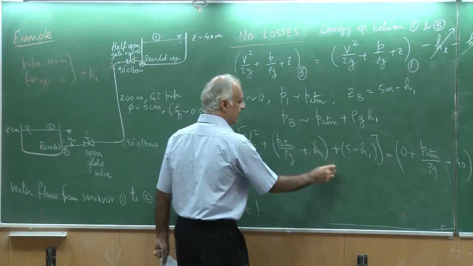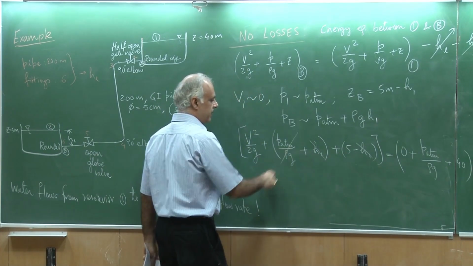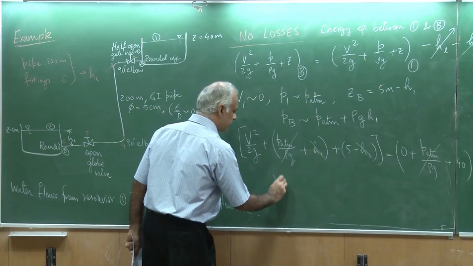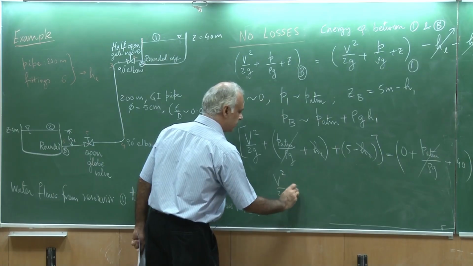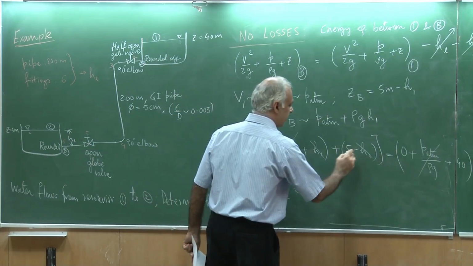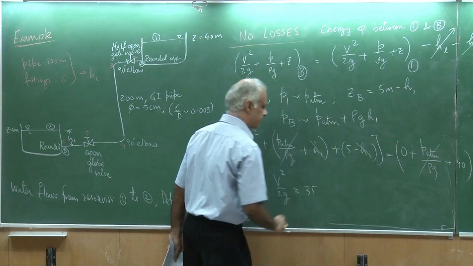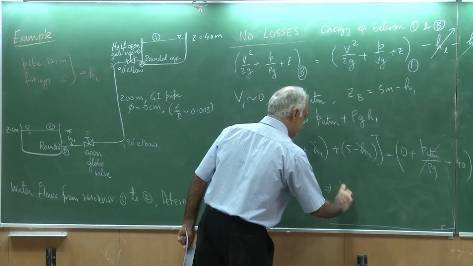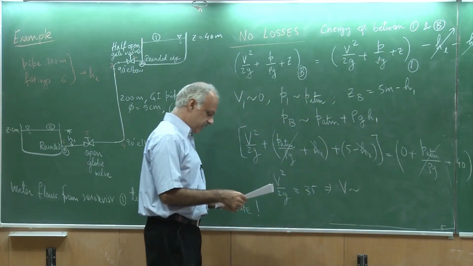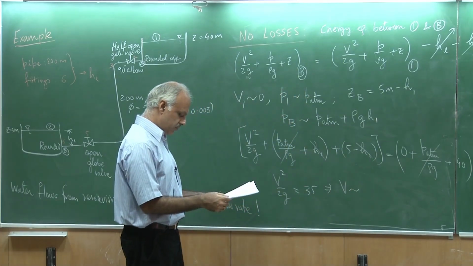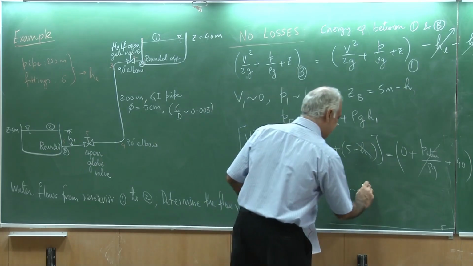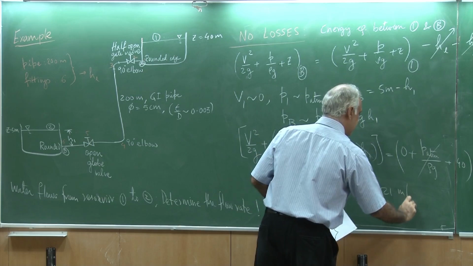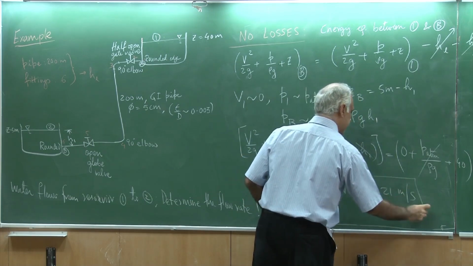You will see the P atmosphere term cancels out, and I am going to get V square by 2g is actually 40 minus 5, which is 35. And if you evaluate this, then V would turn out to be something like 26.21 meter per second.